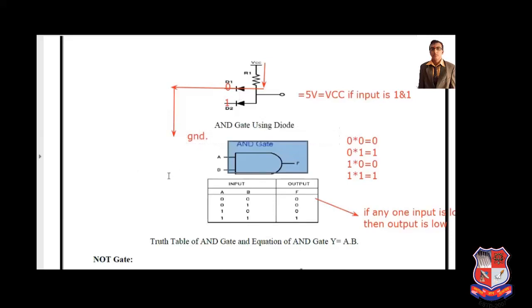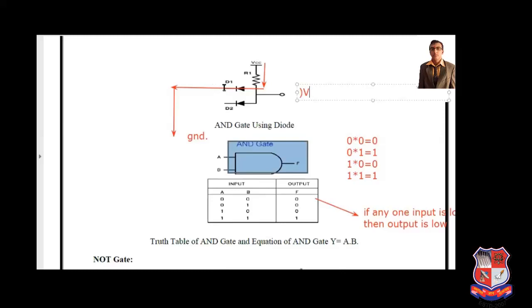So current flows like that. If 0 1 is applied, we cannot get output. So here output is 0 volt for this particular case.